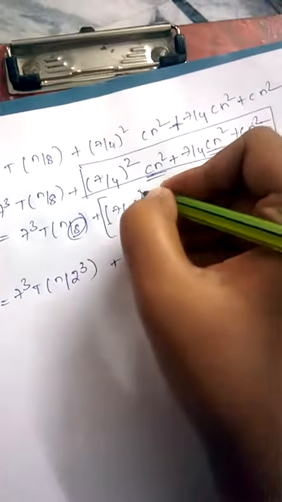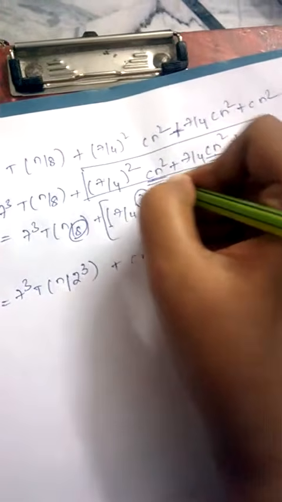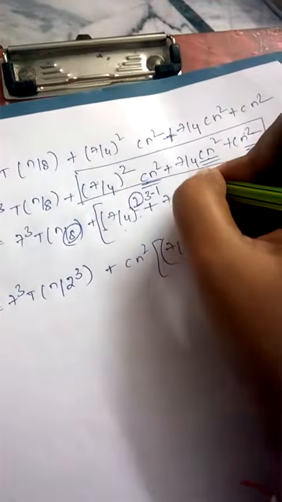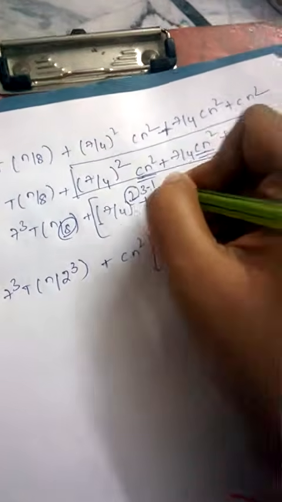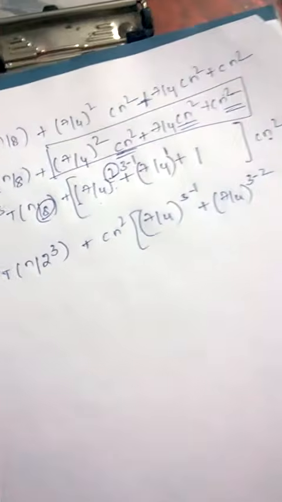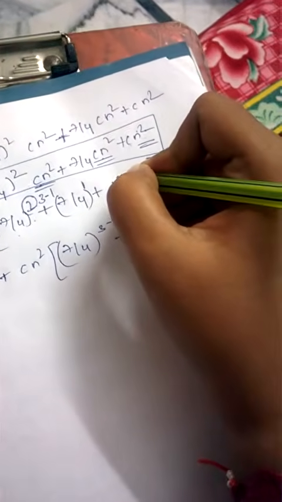7/4. 2 can be written as 3 minus 1. So 3 minus 1 plus 7/4 power, there is nothing power, so it's like there is 1. 3 minus 1 can be written as 3 minus 2, plus, there is nothing power, so let us think power is 0, so 7/4, 3 minus 3.